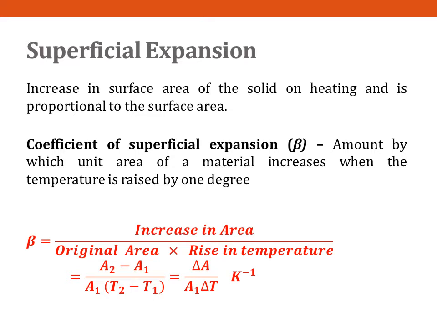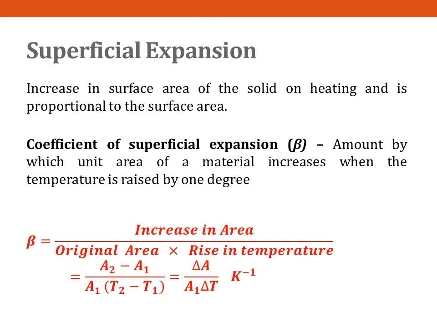The increase in area is given by A2 minus A1, where A1 is the original area before thermal expansion and A2 is the area after thermal expansion has occurred. The rise in temperature is given by T2 minus T1, where T1 is the temperature before thermal expansion and T2 is the temperature after thermal expansion.